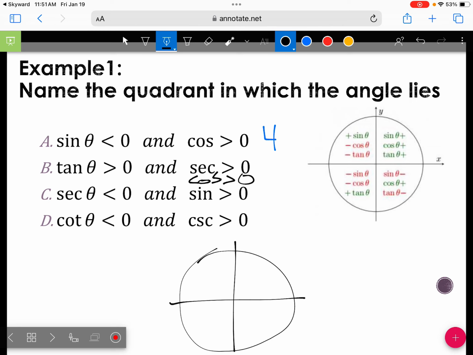Can you guys hold up your finger with which quadrant you think B is?